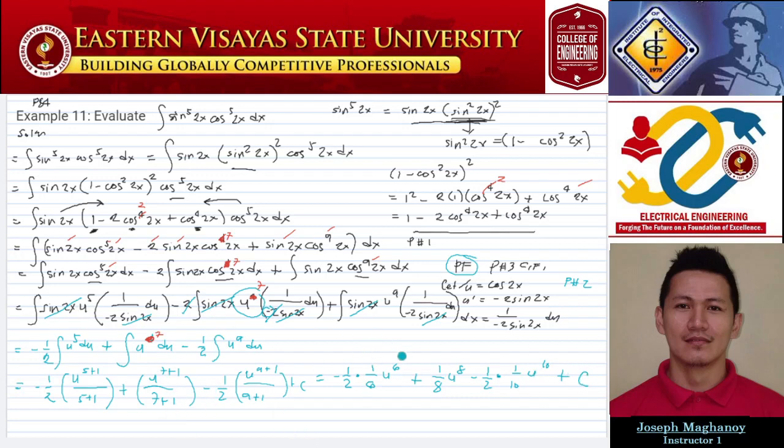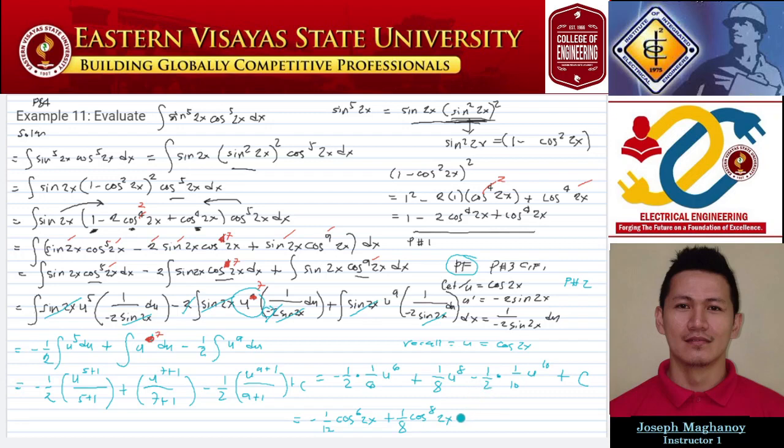Okay, so we recall our u. What is our u? That is cosine 2x. So if we rewrite our final answer, that is negative 1 over 12 cosine raised to 6, 2x, plus 1/8 cosine raised to 8, 2x.